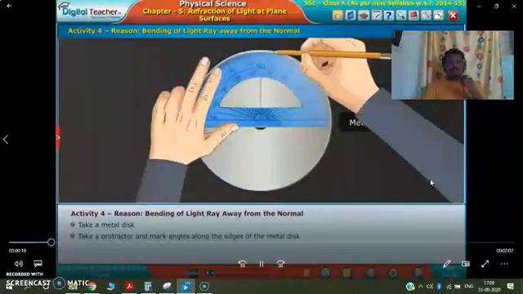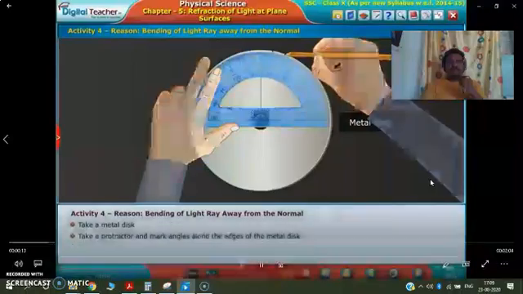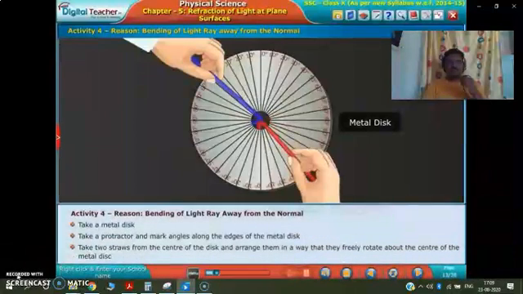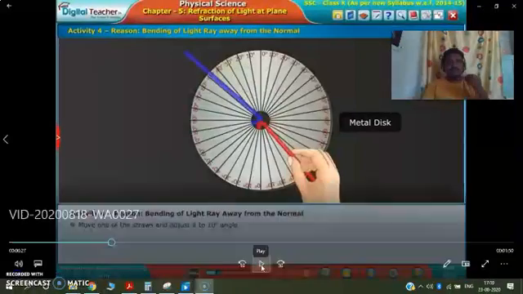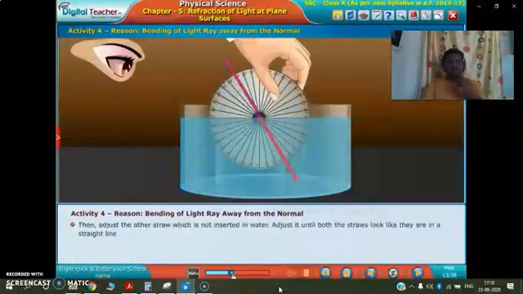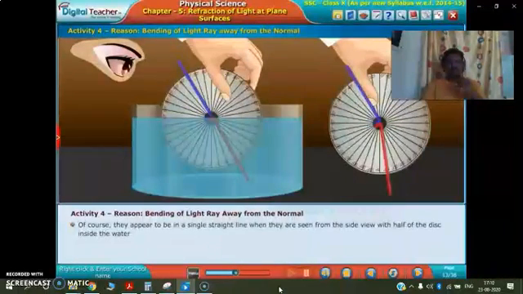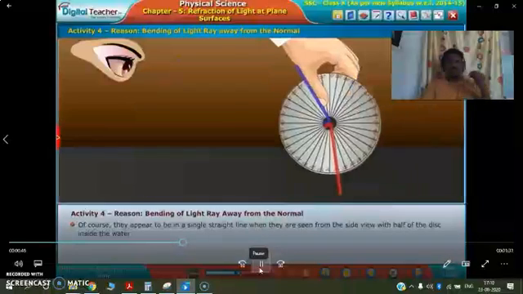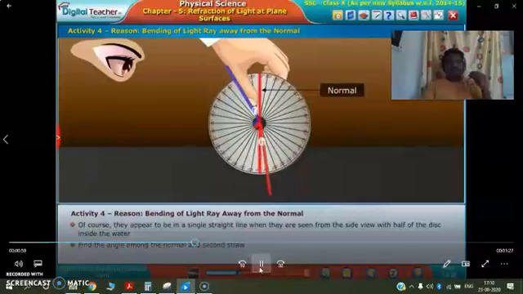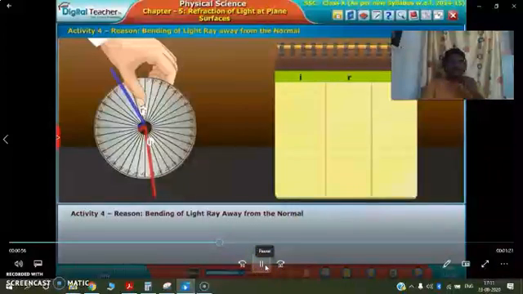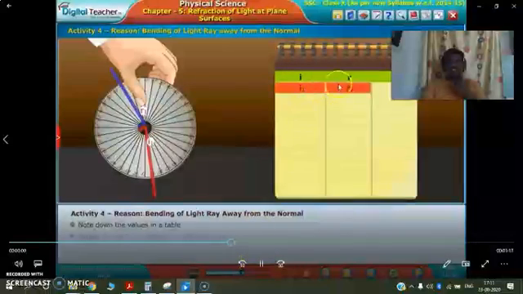Metal disc, protractor, two straws. Mention the angles of incidence and angle of refraction.